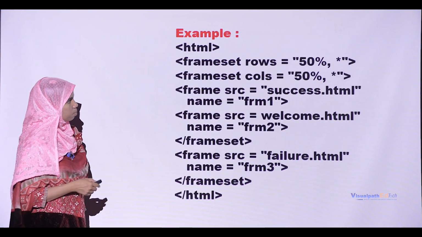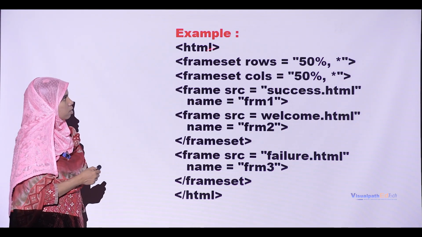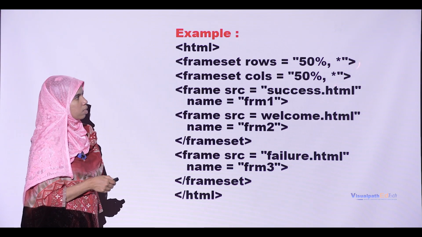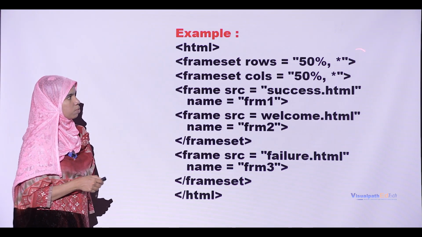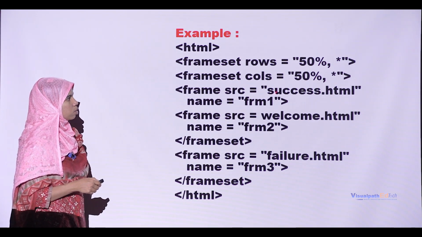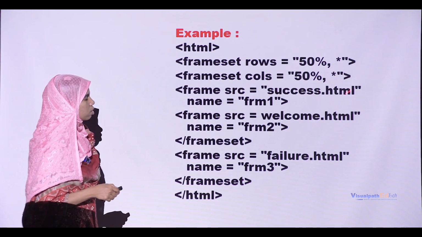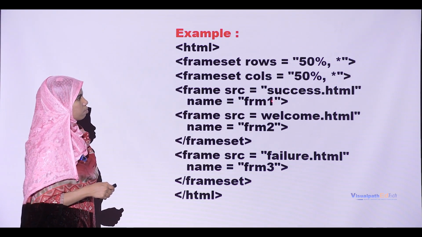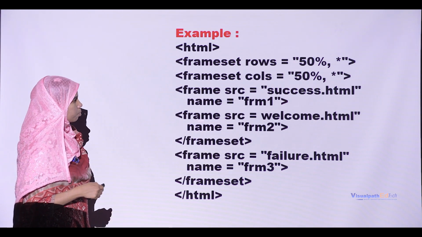Here is one of the simplest examples. You can see here, inside the HTML frameset you have done, for the rows, 50% and the remaining is the spacing. Columns also 50% and the remaining is the available space. So for this frame, you are using the source file as some already existing HTML file, and the name of this frame you are making as frame 1.